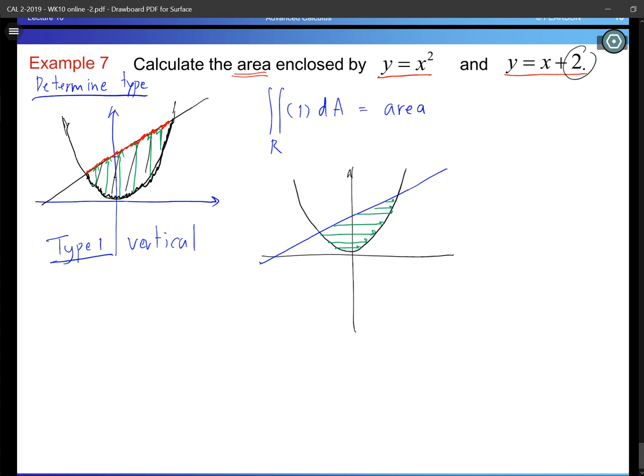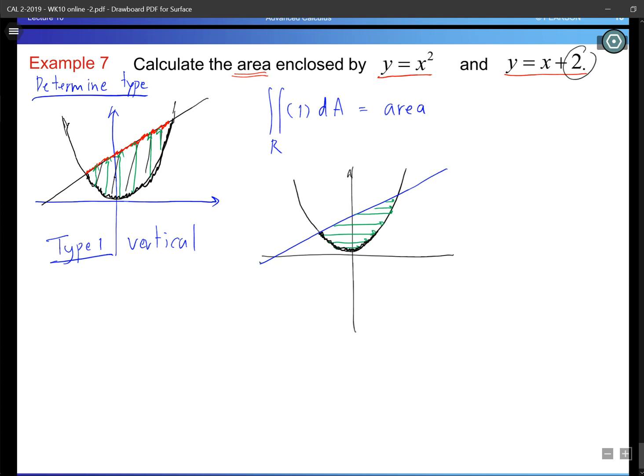But if you look closely, there is a problem with this kind of sweeping. At the bottom, you sweep from one function to itself. So here we have this one function on the left and this same function on the right.